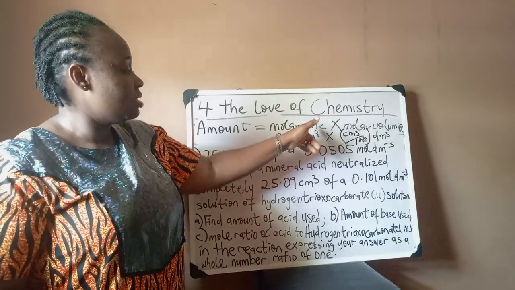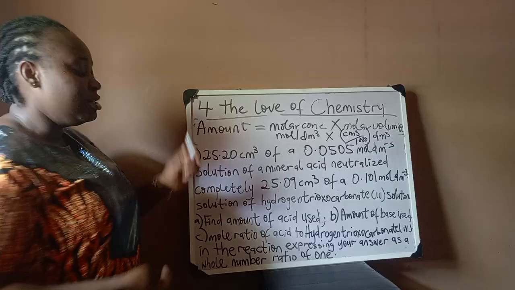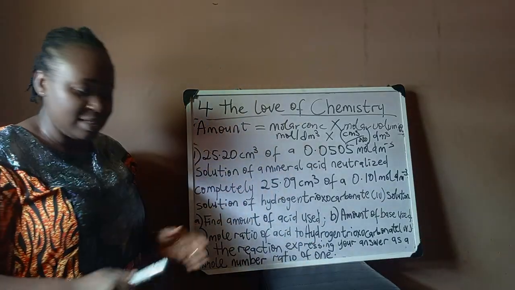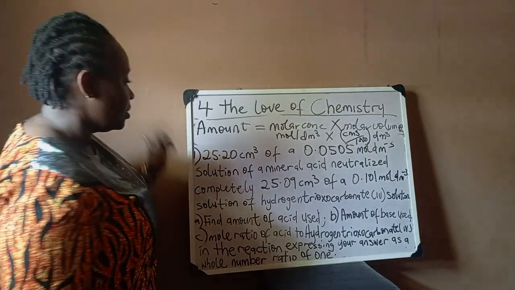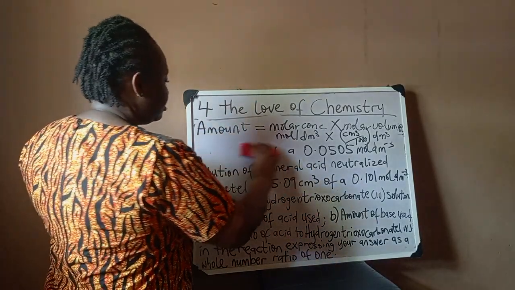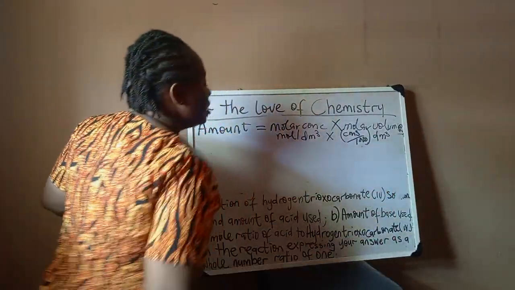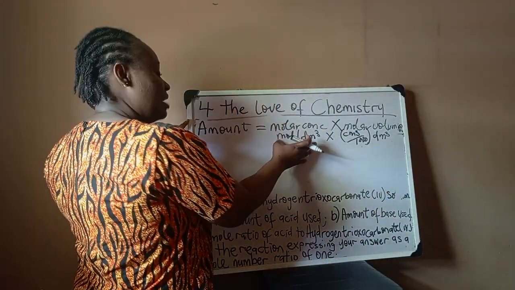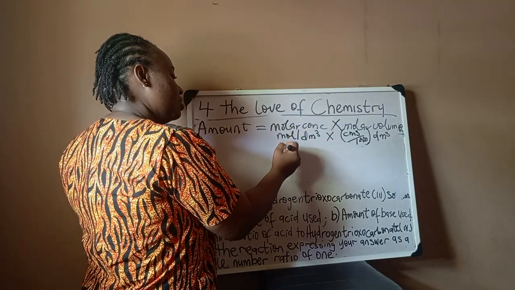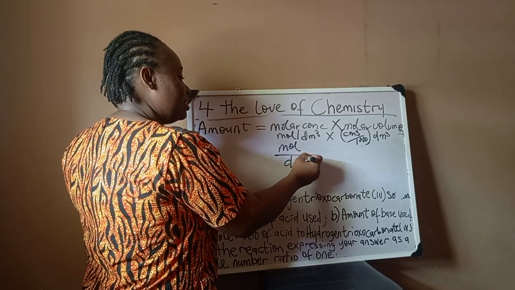And of course, dm cube will cancel dm cube, and you have an answer in mole. I always do this so that you do not make mistakes with your units. I want to explain this further. So let's take note of our parameters. Like I said earlier, molar concentration has this unit: mole per, meaning over, dm cube, right?